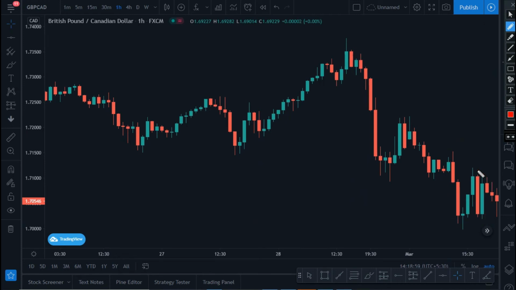Price is coming down and I really don't know what will happen next. So I will simply wait, because this resistance, this support has been broken out by this candle. After that price went up and touched this support and it became a resistance. Now it went down.